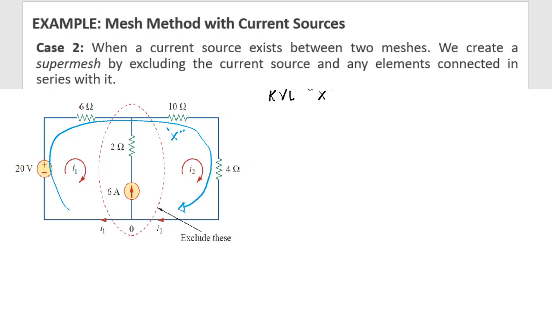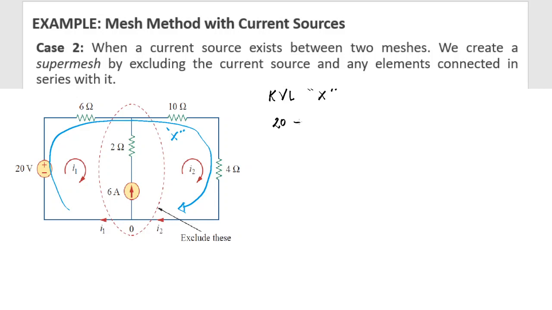Now, in forming the KVL equation for the mesh X, just follow the same steps. Mesh X passes through this 20 voltage source, enters the negative, leaves the positive, that would be a positive 20. On this 6 ohm resistor, as you can see, only loop current I1 passes through this. And loop I1 is the same as your loop X. Our point of reference is our super mesh X. They have the same direction.